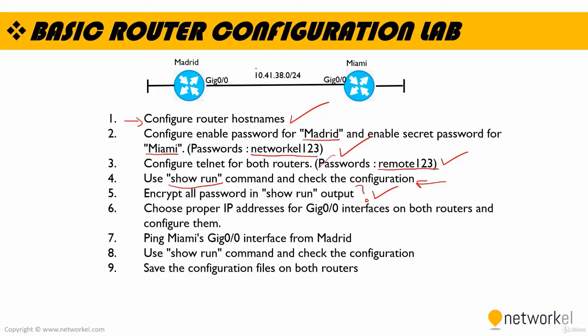As you can see, the network ID between the Madrid and Miami routers is this one. My network ID is 10.41.38.0/24, which means that I can use the address space from 1 to 254.